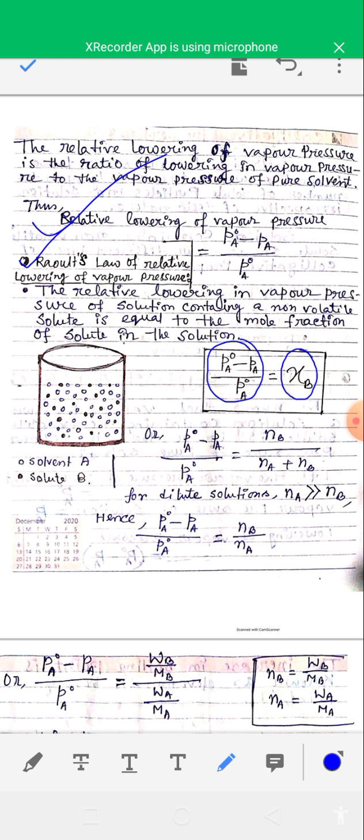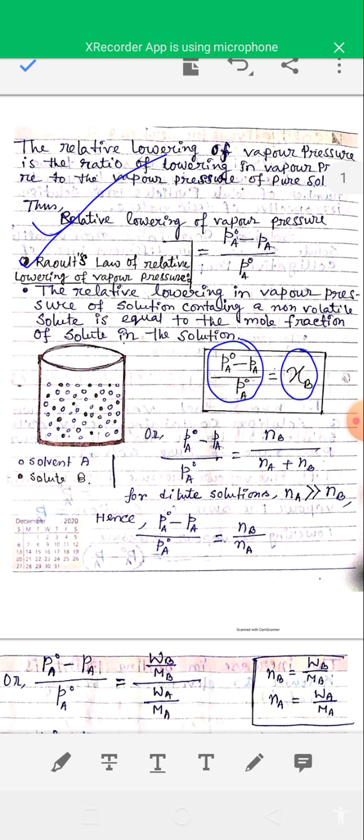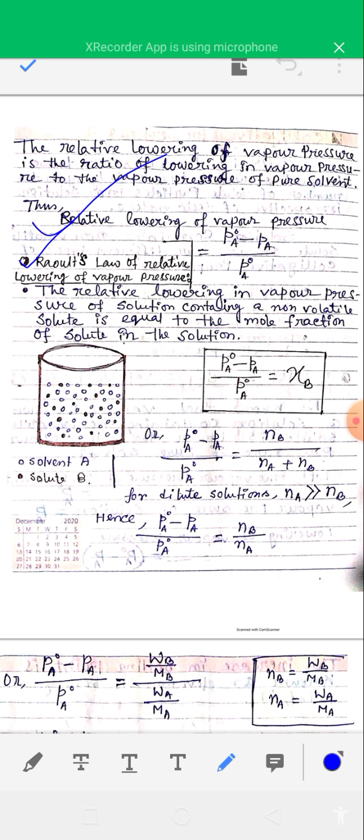So according to Raoult's law, PA naught minus PA divided by PA naught is equal to Xb. Okay, A represents solvent molecule and B represents solute molecule.